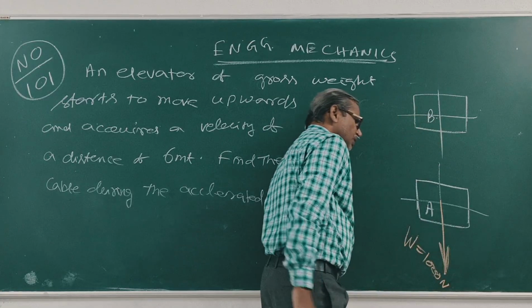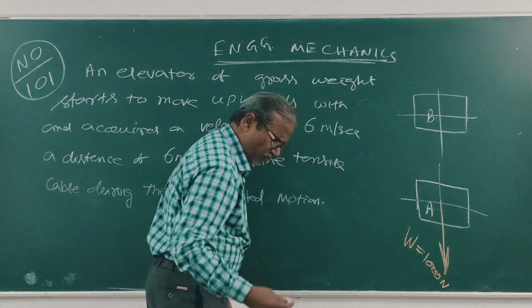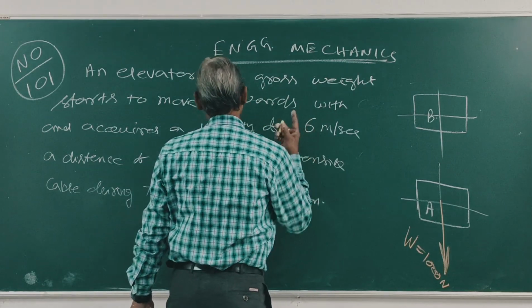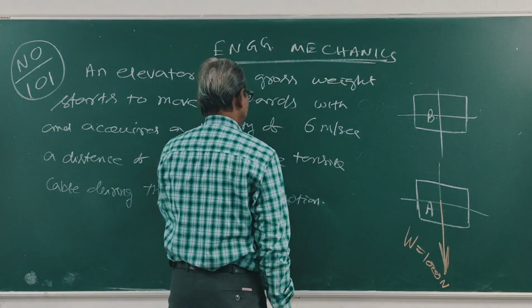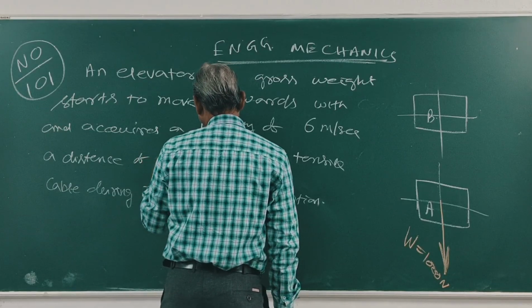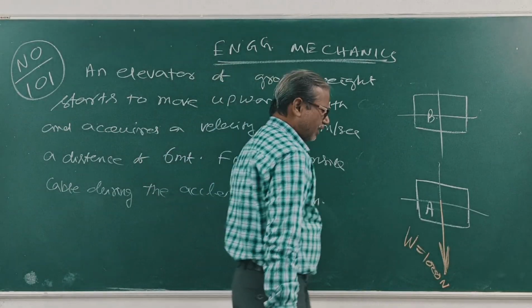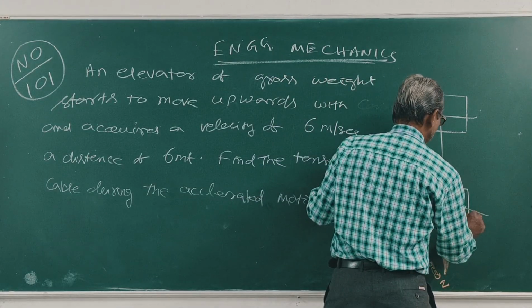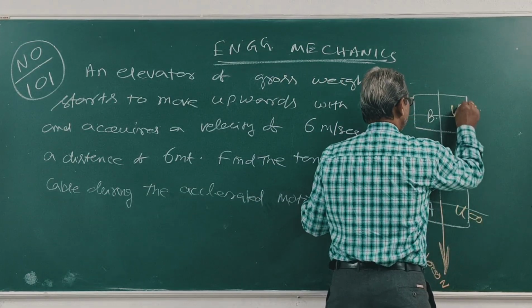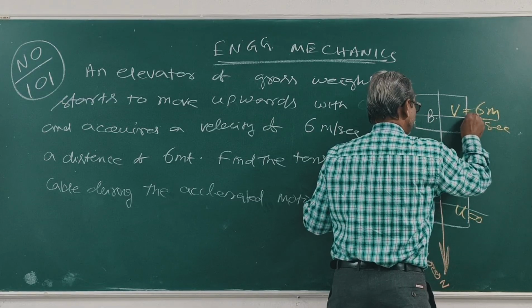The elevator of gross weight 1000 Newton starts to move upwards with a uniform acceleration, with a velocity of 6 meter per second after covering a distance of 6 meter. So at A, u is 0, at B v is equal to 6 meter per second. The distance covered is 6 meter.